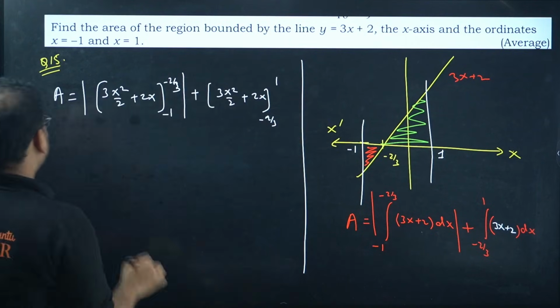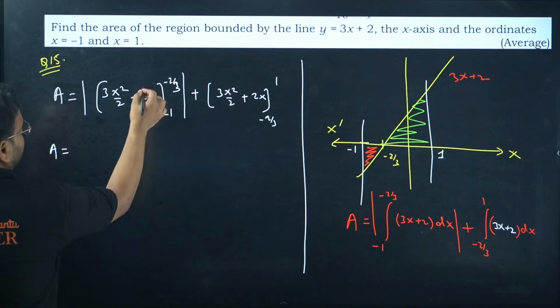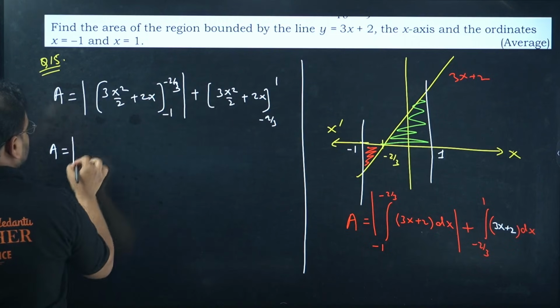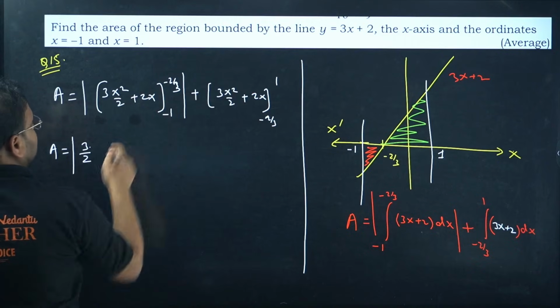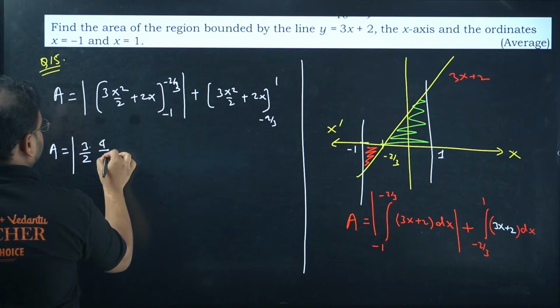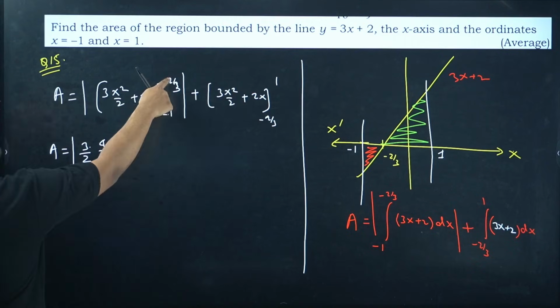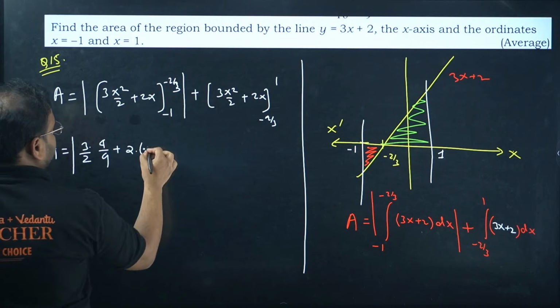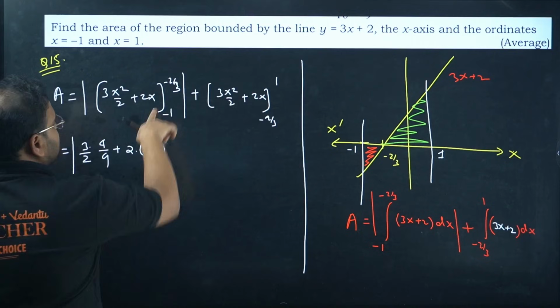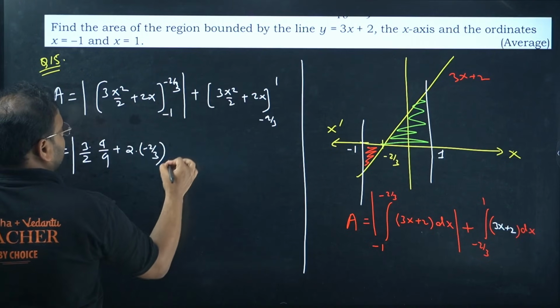Okay, let's put the values back in. This will become 3 by 2 times the square of this, so 4 by 9, 3 by 2 being a constant, plus 2 times minus 2 by 3. Upper limit is done. Now go for the lower limit.